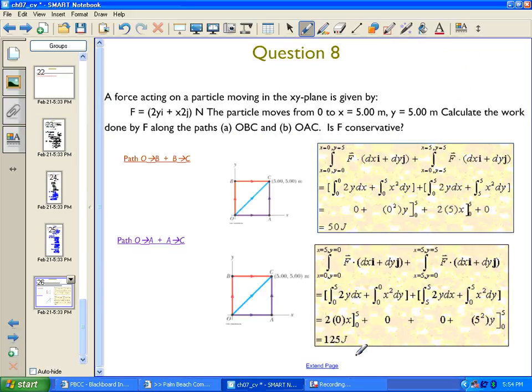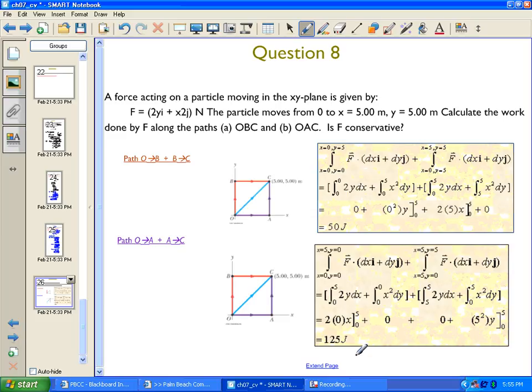This problem tells us that there is a force 2y i hat plus x squared j hat that acts on a particle as the particle moves from x equals 0 to x equals 5 meters and y equals 0 to y equals 5 meters.